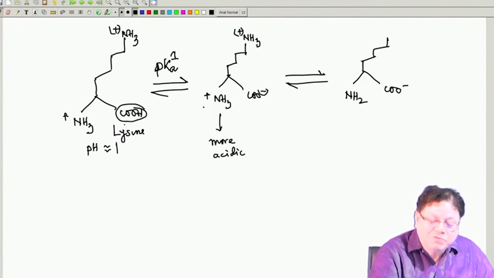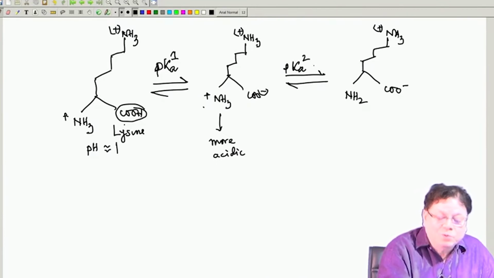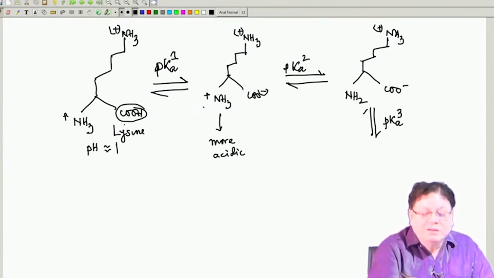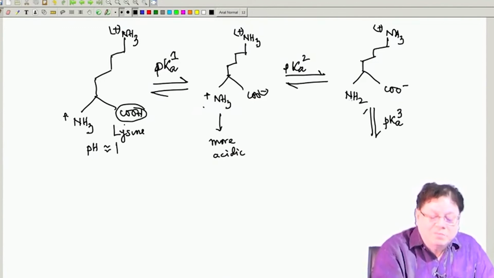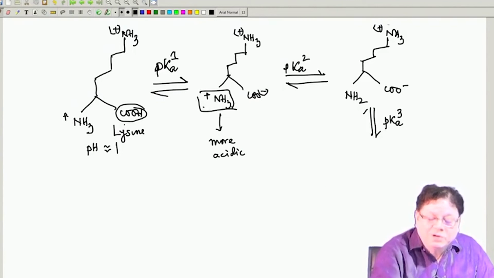and then 1, 2, 3, 4, 5, 6, 7. This is NH3 plus, and this dissociation constant will be pKa2. And now, you have another hydrogen which can be dissociated. So, you raise the pH and that will be the pKa3. pKa2 is for this one, and pKa3 is for this ammonium species.